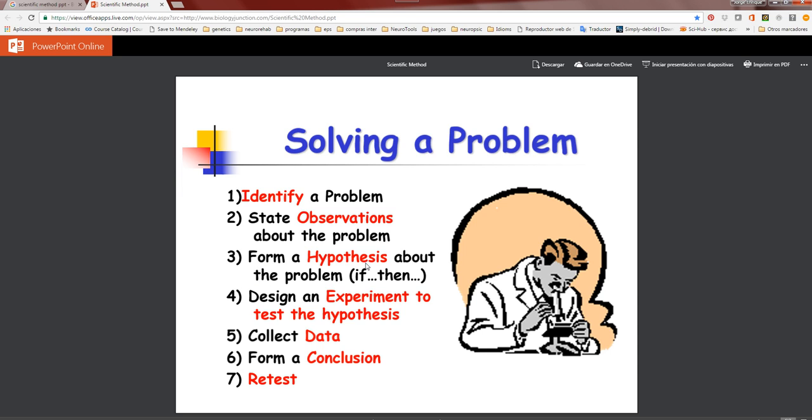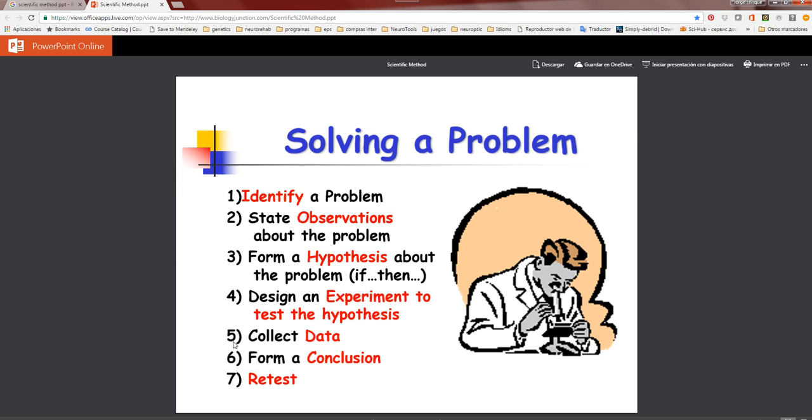After that, you form the hypothesis about the problem by making statements with if and then, and please be sure that this hypothesis must be testable. In the fourth step, you are going to design an experiment to test the hypothesis. Keep in mind that you need a control group and an experimental group, and that you are going to test only one variable at a time.